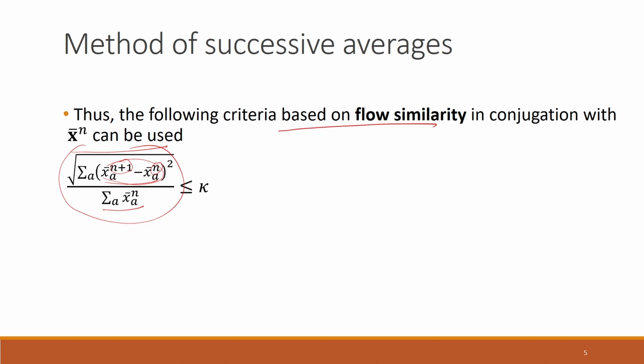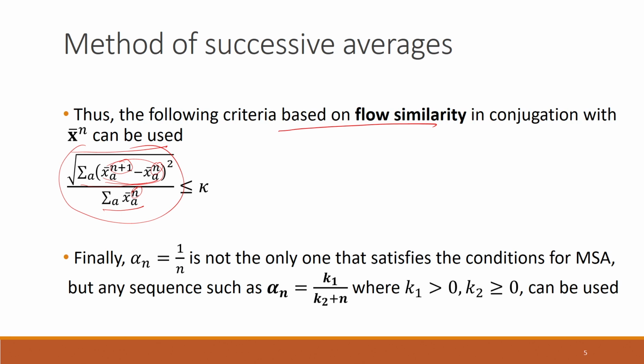We determine that value, square it, sum it over all the links A, and then take the square root of that. Then we divide it by the sum of the averaged flows for different links, considering the last m iterations when the last iteration is n.